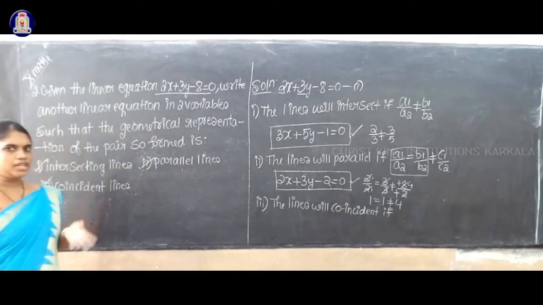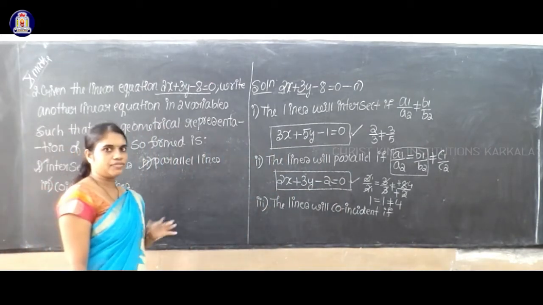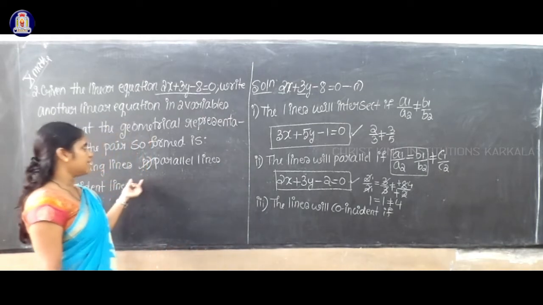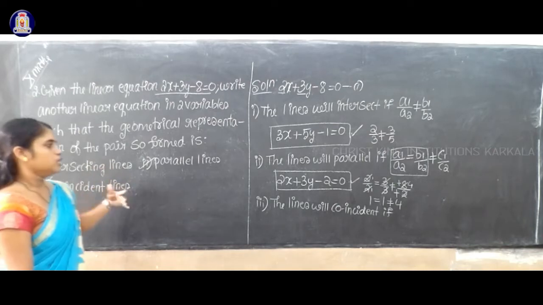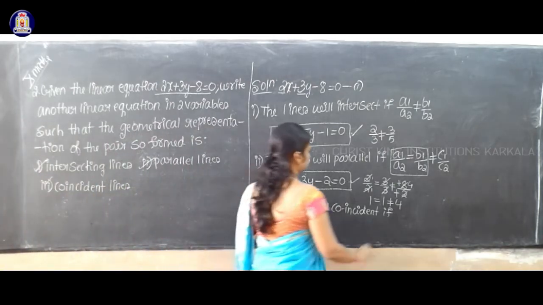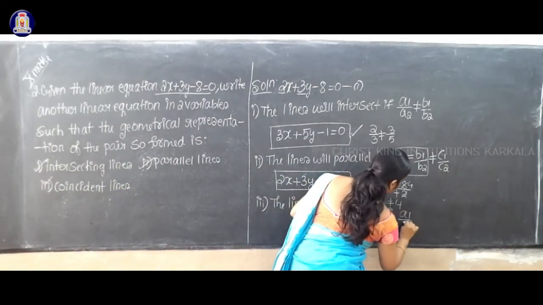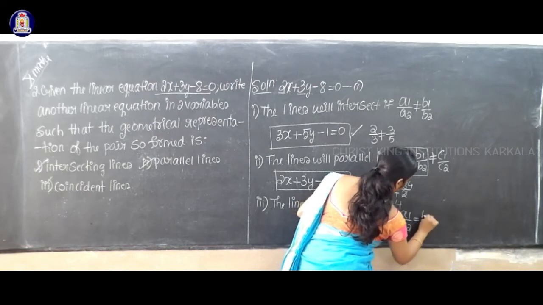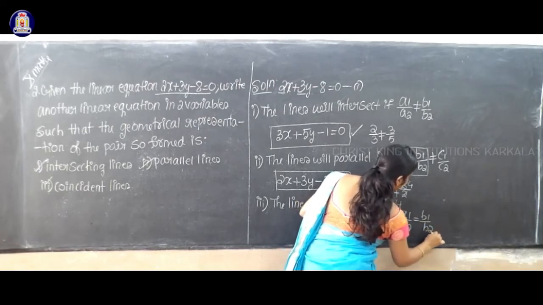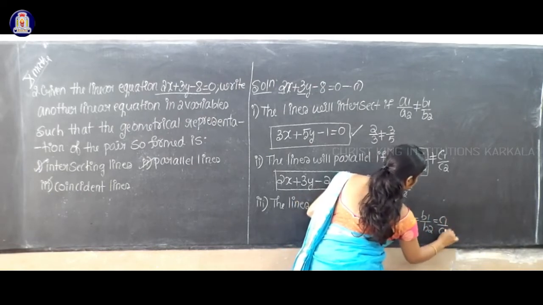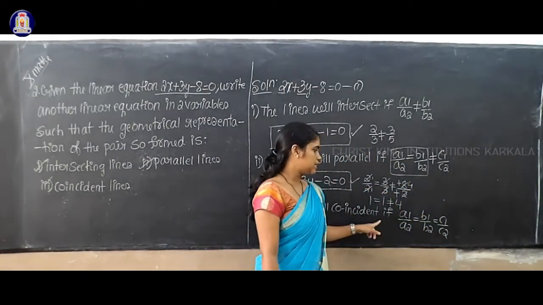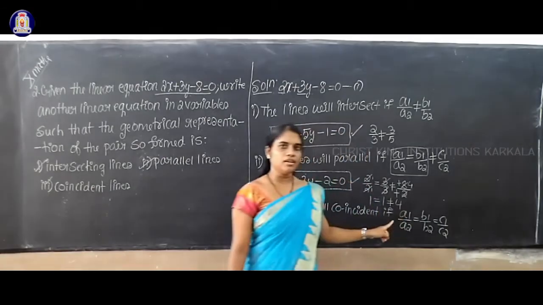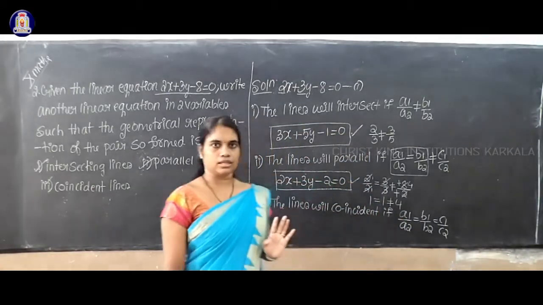The lines will coincident if it satisfy which condition? The condition is given by, coincident means A1 by A2 is equal to B1 by B2 is equal to C1 by C2, isn't it? So if your equations satisfy this condition, then the lines will coincident.